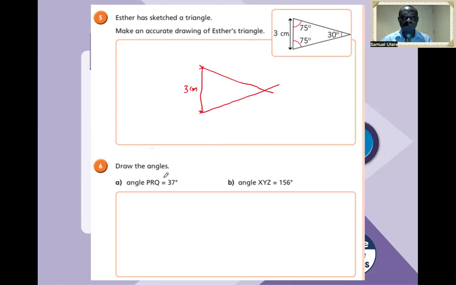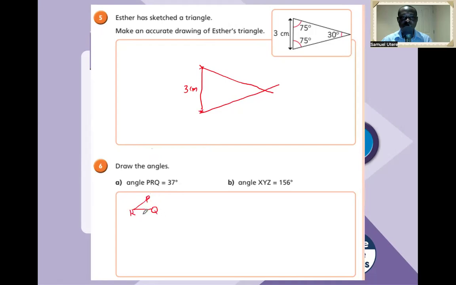Here you are asked to draw the angle PRQ to be 37 degrees. So remember, the middle letter tells you the position of the angle, okay? So if we're drawing angle PRQ, first you can just do a rough sketch, okay, my angle is going to look like this, R is going to be here, P is going to be here, and of course, Q is going to be here.